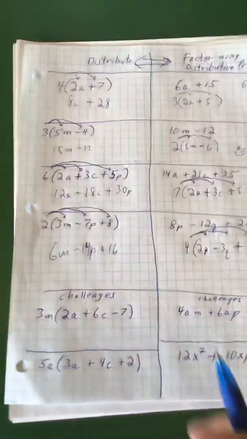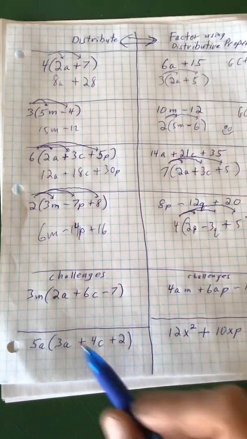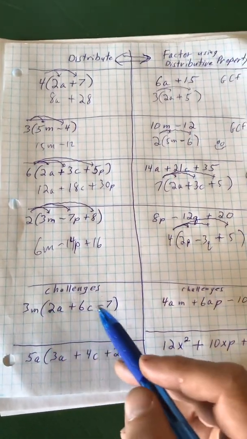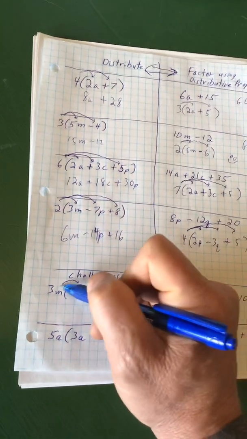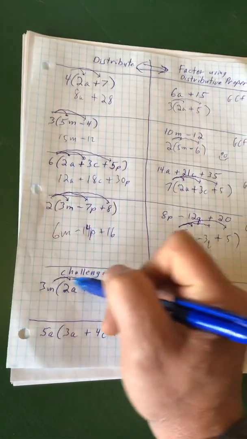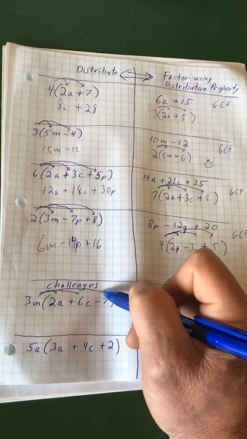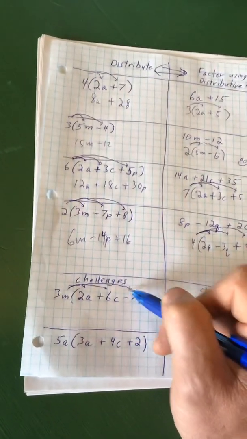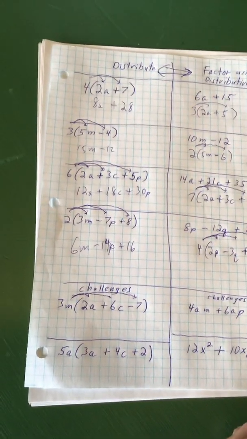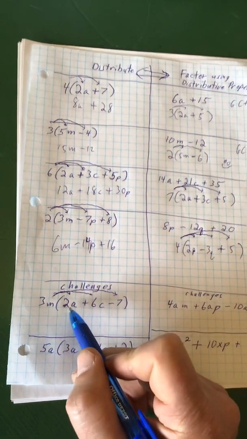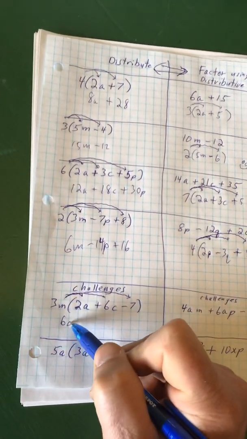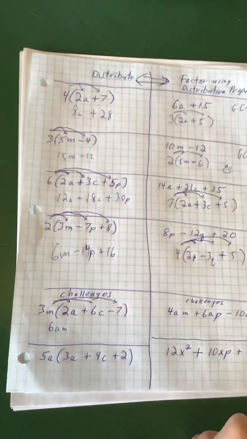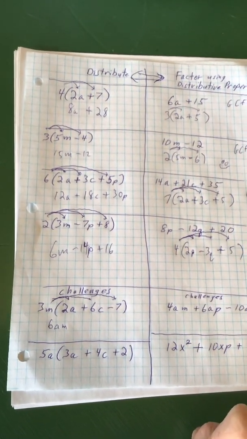Okay, now for some challenges here. So now you're going to multiply each of these by 3m. So again, do the little arrows there. So 3m times 2a is 6, and a times m is just a times m. And you put them alphabetical. Don't write ma, write am.